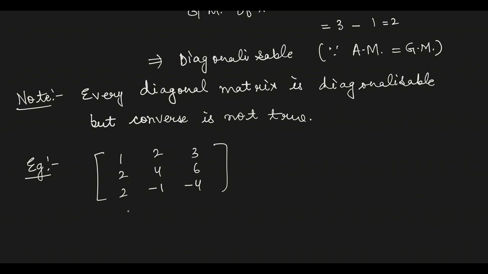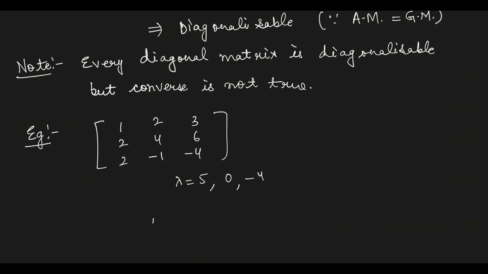Column sum is 5, and row 2 is a scalar multiple of row 1. So determinant is 0. So one of the eigenvalues is 0 and the rest can be computed by using trace. So clearly AM is 1 and GM is also 1, na? So diagonalizable.